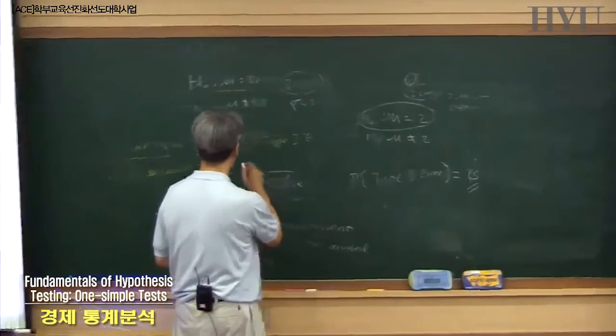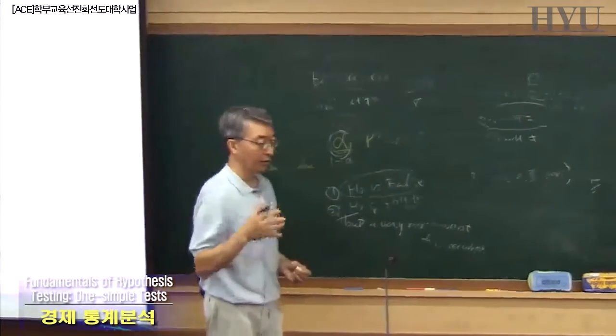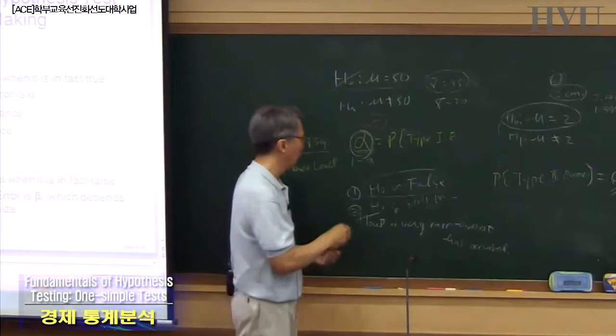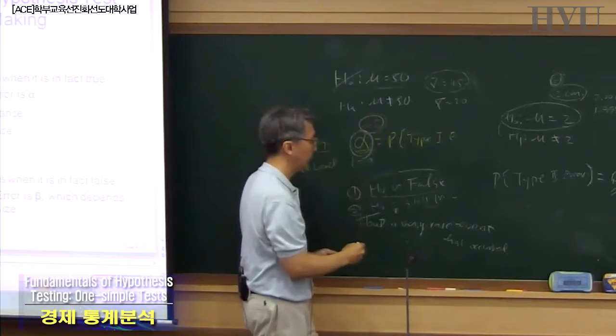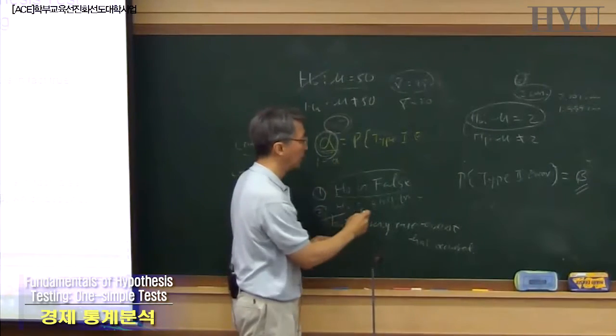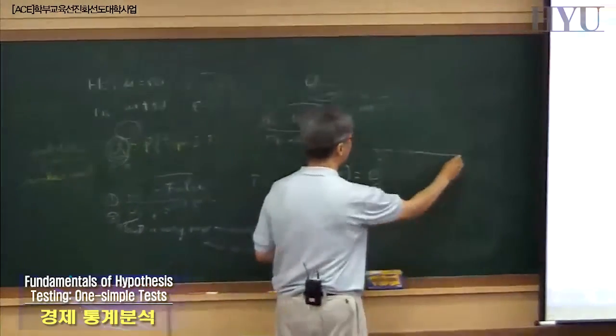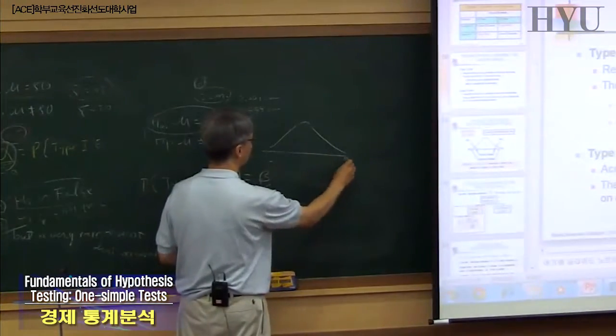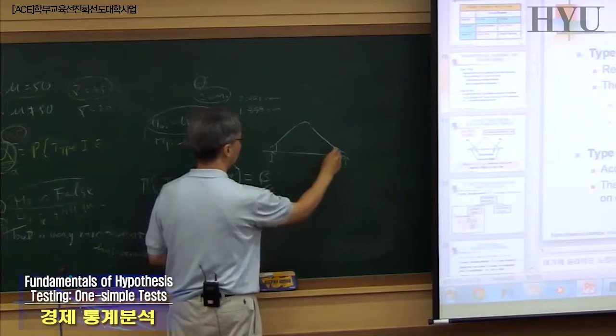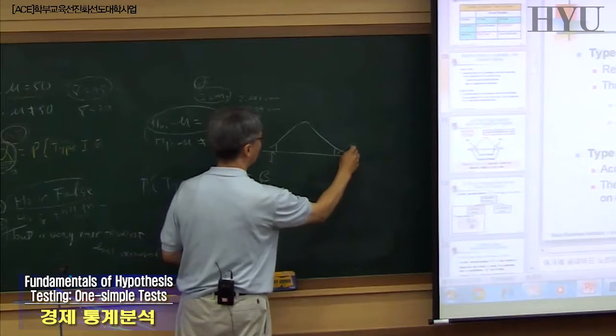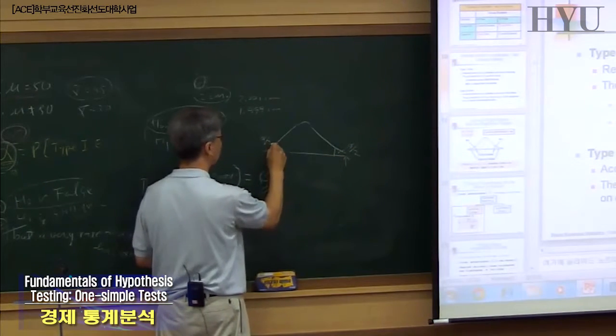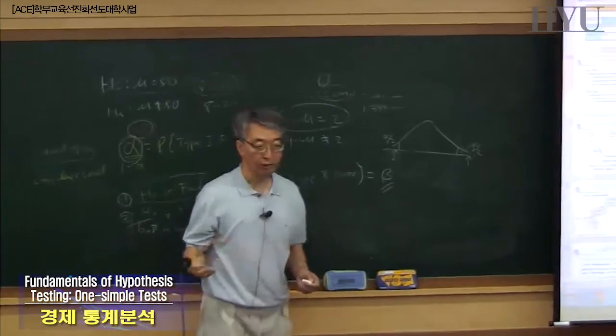About alpha, we have set the limit, right? If you say alpha is 0.05 and make the decision based on this, right? So only when our test statistic comes out to be way outside, within the alpha divided by 2 and alpha divided by 2 area, right? You decided to reject it.